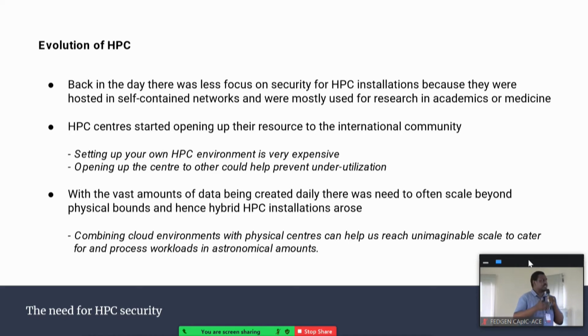So this introduces a new concept. HPC, as system administrators, we now have to constantly think about, just as much as we are looking for compute, we are looking for a system that is very powerful. We have to start thinking of security from the ideation process.